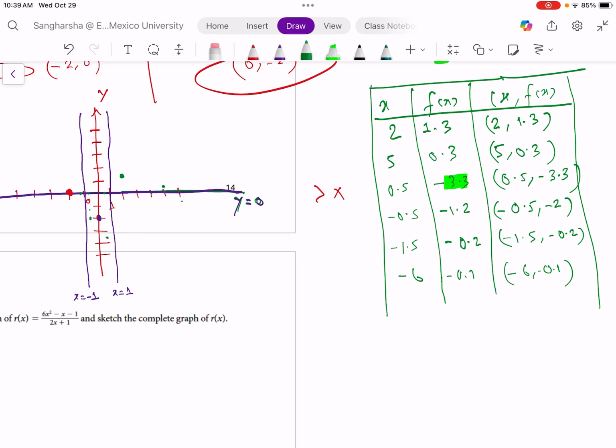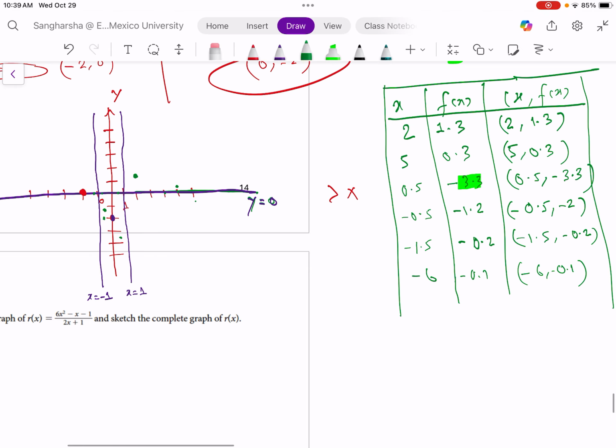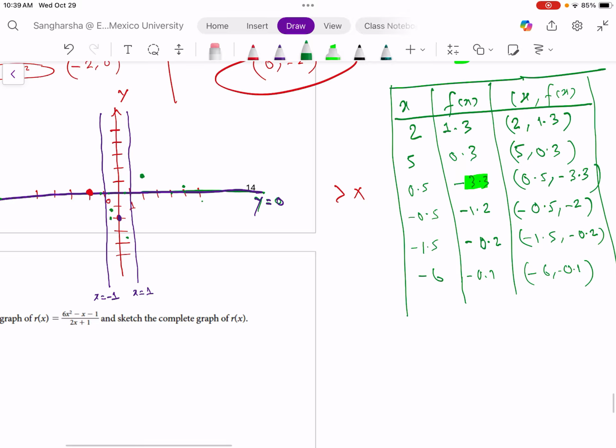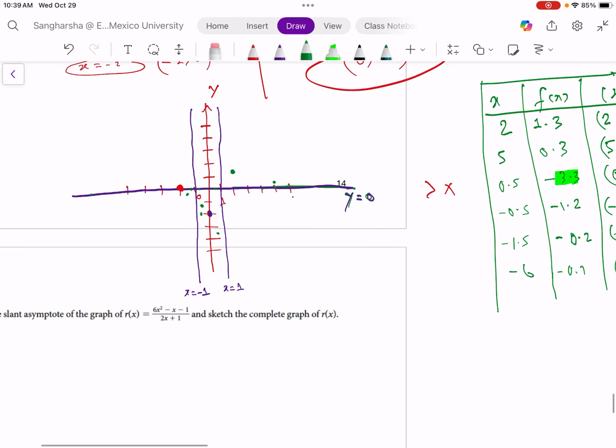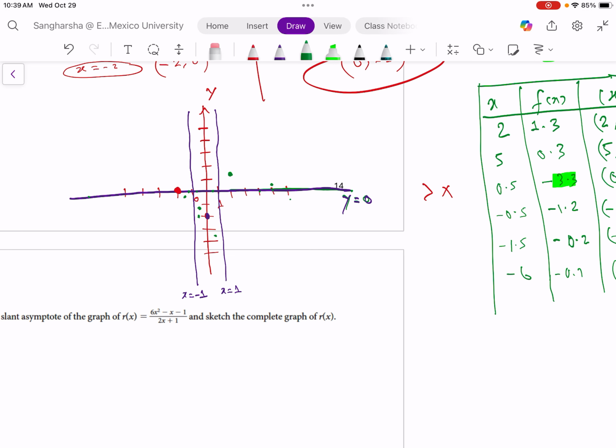So we have negative 0.5, negative 1.2 somewhere here. Then we have negative 1.5, negative 0.2. So 1.5 is here, and negative 0.2 somewhere here, and negative 6, negative 0.1. 2, 3, 4, 5, 6, negative 0.1.